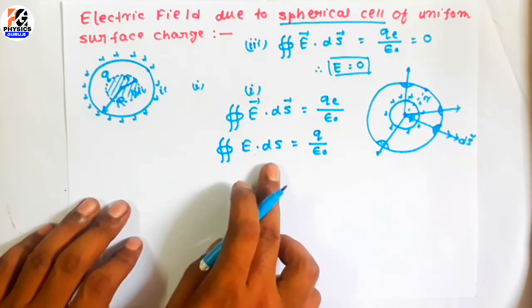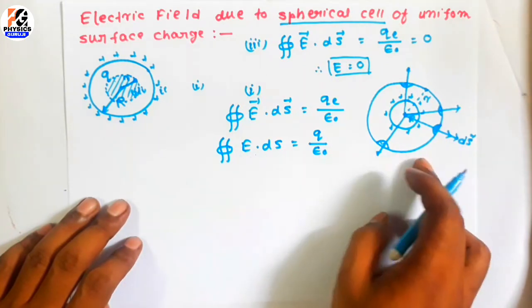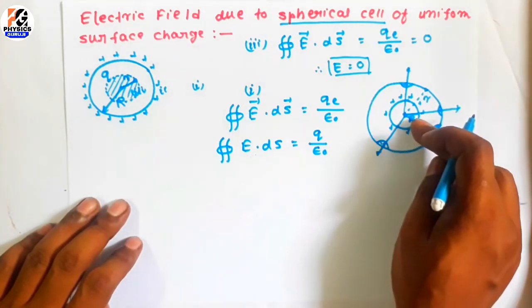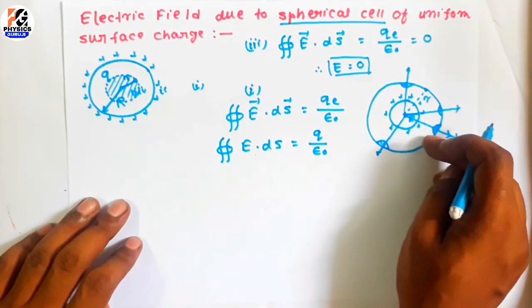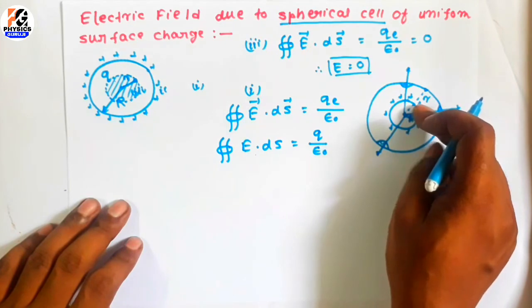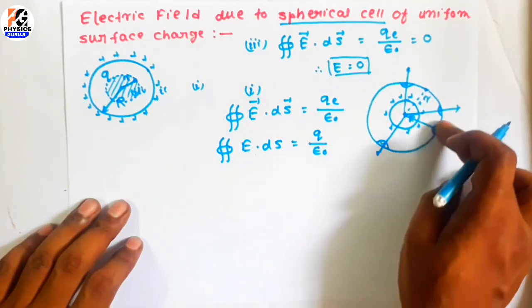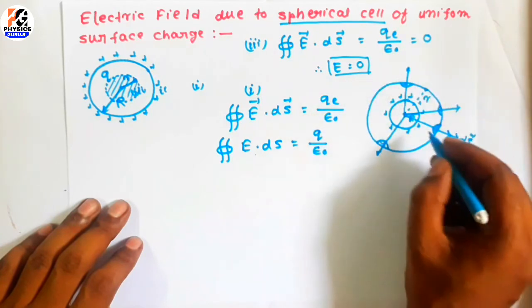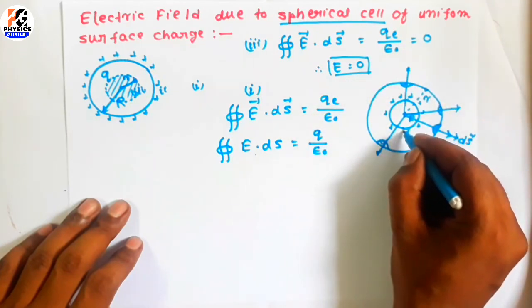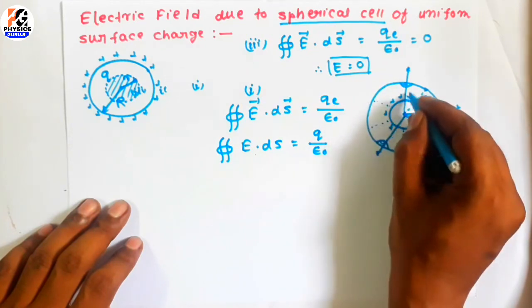Second, the integration. Here you can see also that the distance of the Gaussian surface from the surface charge distribution is equal in magnitude all over the surface, because the distance between the charge and the surface is the same in every case.